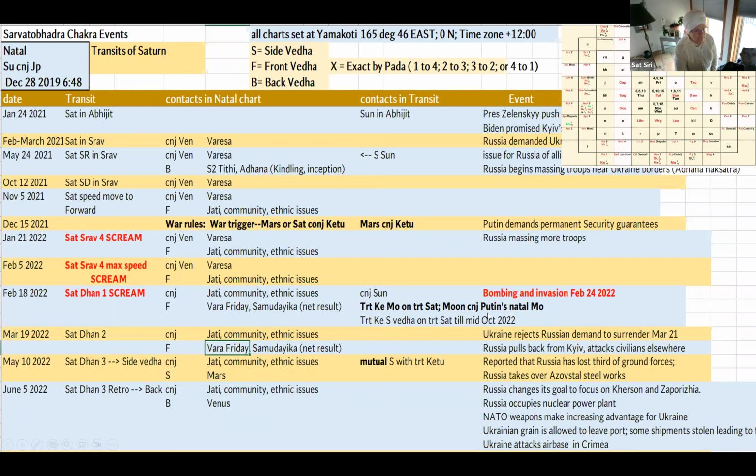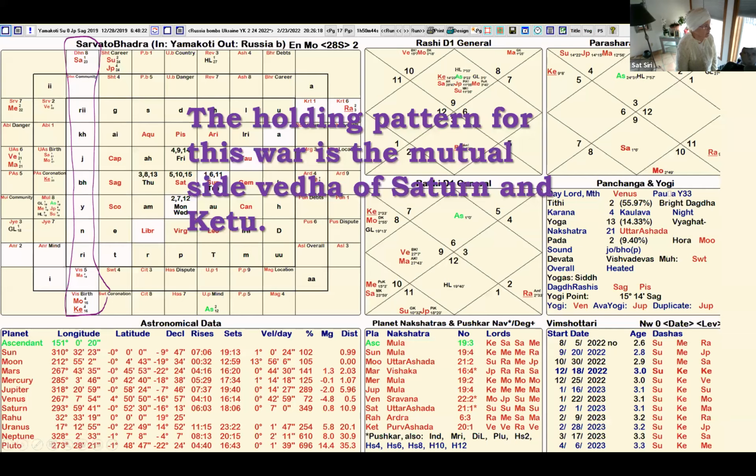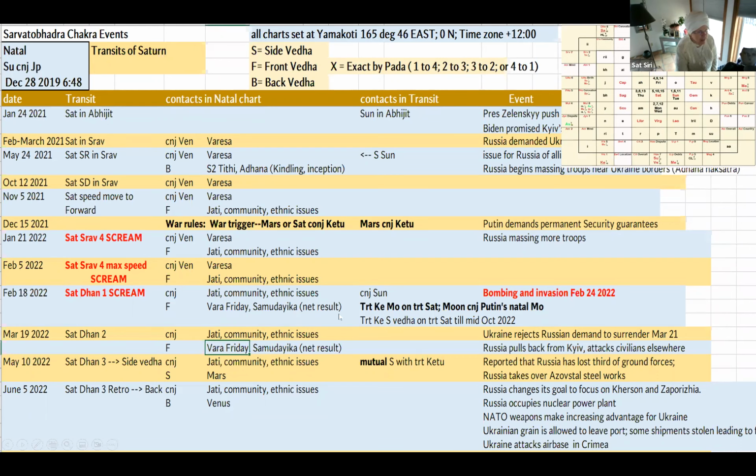So, we won't get into all the details, but you can get very detailed and see the action of the planets very vividly. So then Saturn came out of the screen on March 19th, and then the war ground on for a while, and it looked like Russia was going to crush Ukraine.